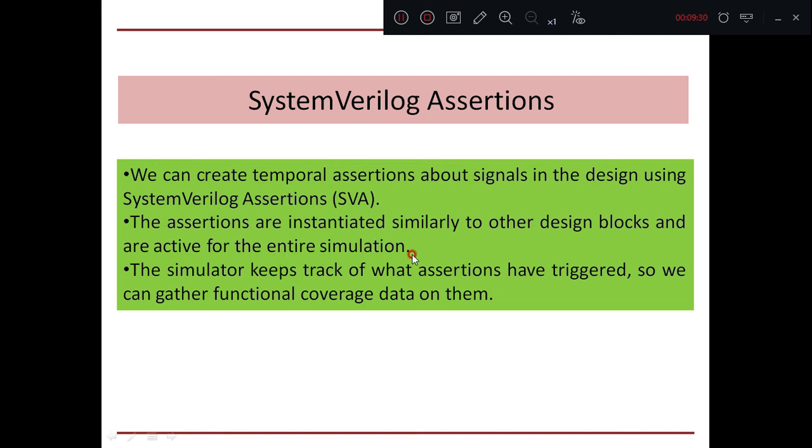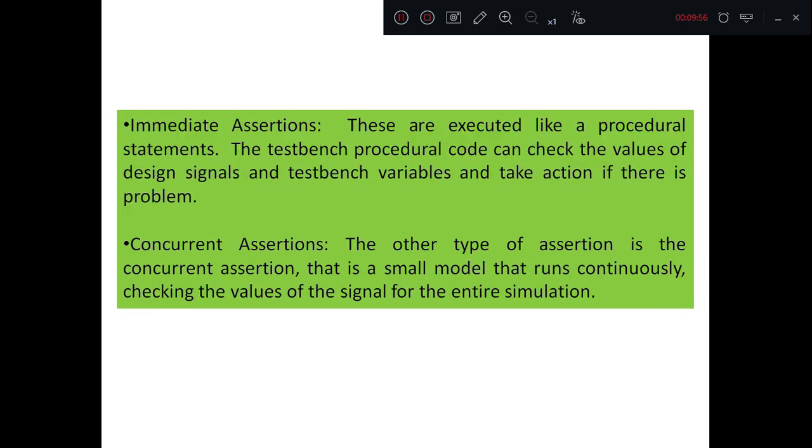The assertions are instantiated similarly to other design blocks and are active for the entire simulation. The simulator keeps track of what assertions have triggered, so we can gather functional coverage data on them. I told you what is functional coverage. It gives you the coverage of the verification.